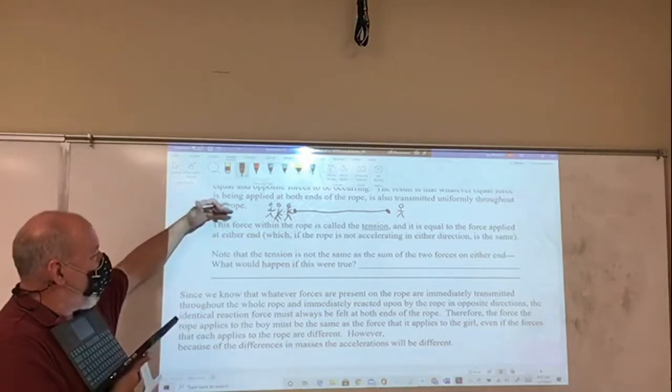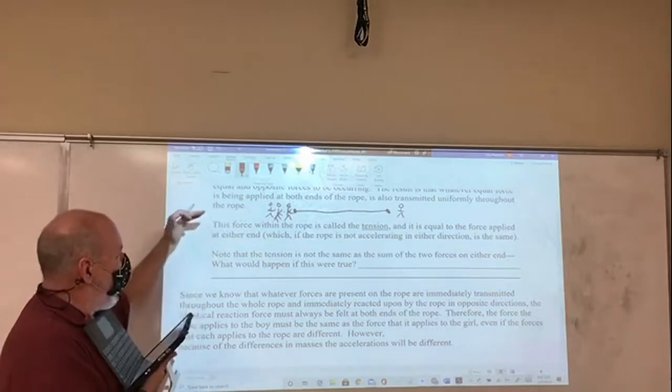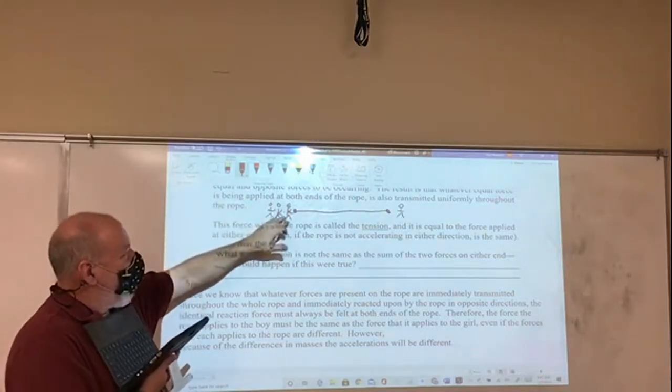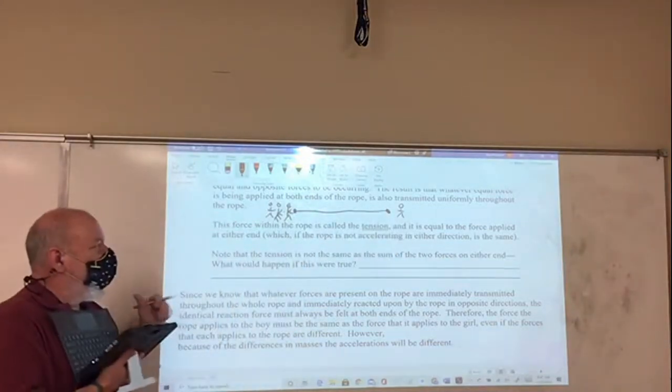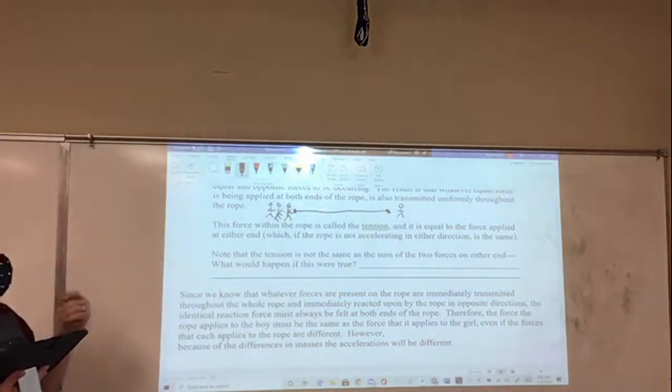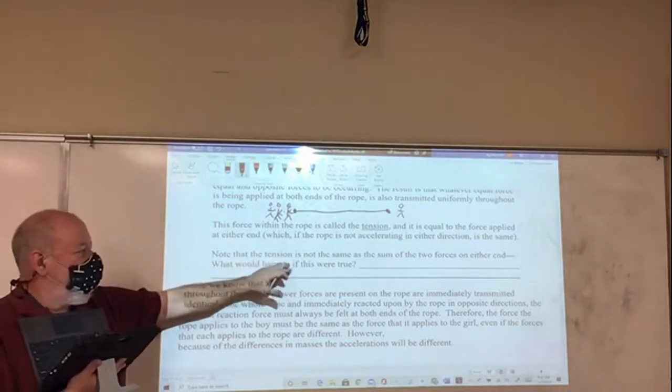If I've got forces applied at either end here, if the rope is not accelerating in either direction, it's the same. So no matter how much force I've got pulling at either end, if it's not accelerating, the forces are the same. Note that the tension is not the same as the sum of the two forces.